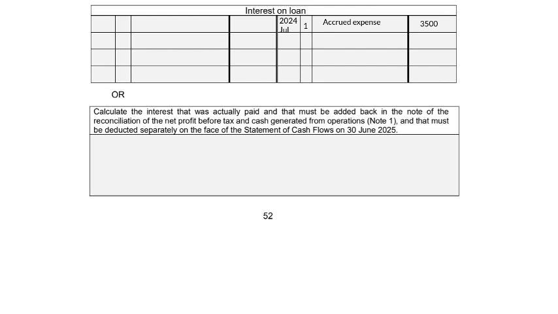Then on the debit side, 2025 June the 30th, our bank is going to be our balancing figure, and that is the amount we paid in terms of interest. We also have accrued expenses at the end of the year, 1,600.